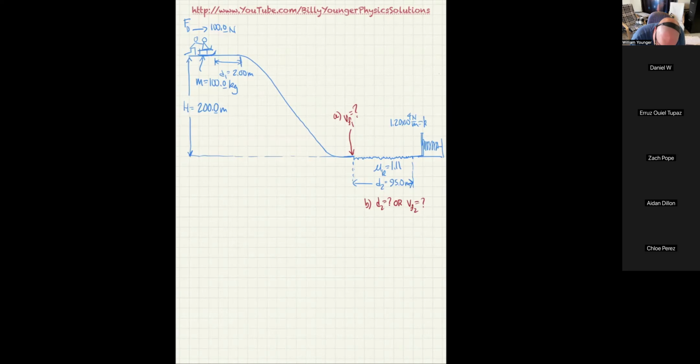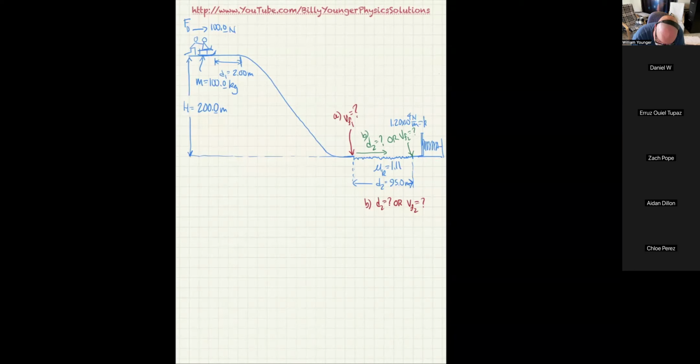So I'm going to write this right here and say VF2 equals question mark, and I'm going to say D2 equals question mark, and put an R there, and I'll just put B here so we understand what I'm talking about. And then finally, if it actually makes it fast enough to get off of the rough spot with some velocity, then we're going to wonder what D3 is.